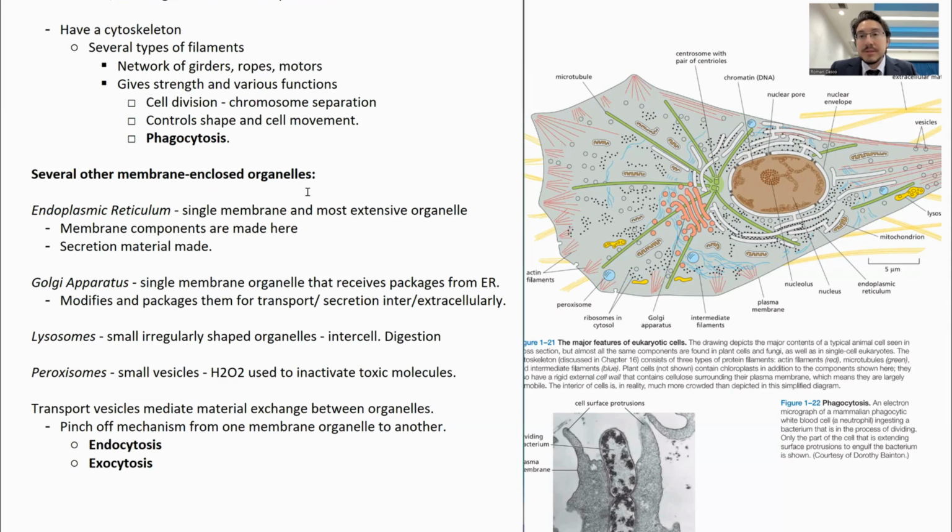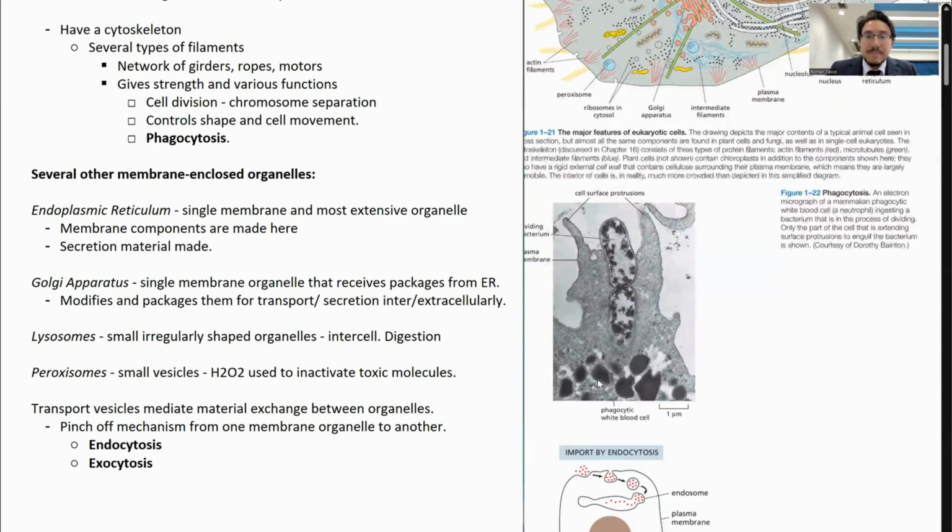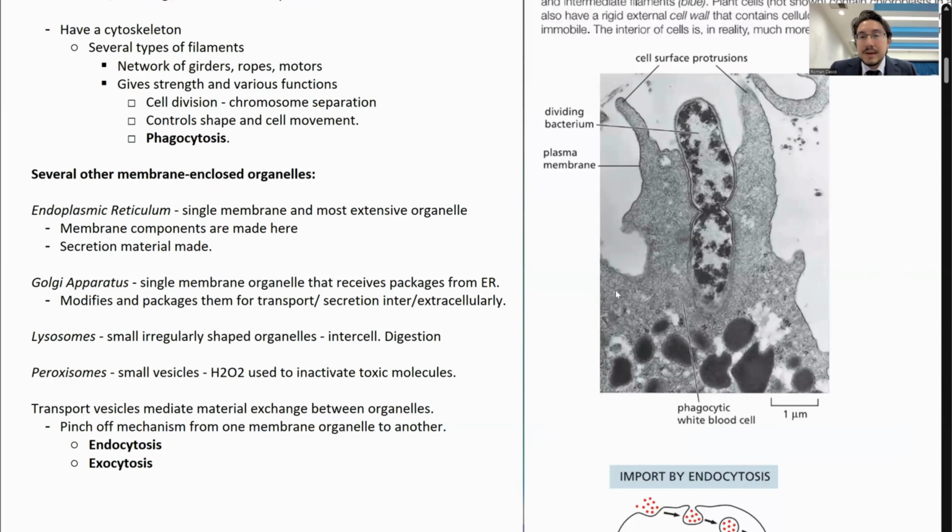They also enable the cell to move around through a particular area. They help areas of the cell extend, basically to create a process called phagocytosis, right? Which you see here, part of the membrane of this particular cell that you see here, which is a phagocytic white blood cell, extends, right?